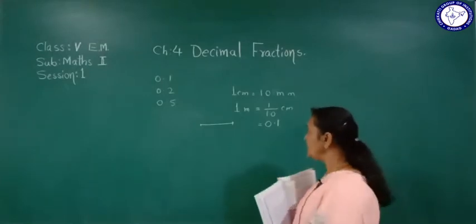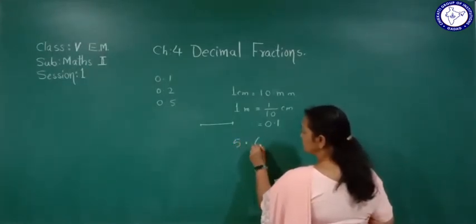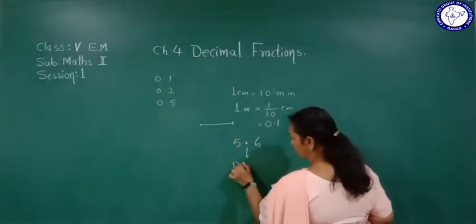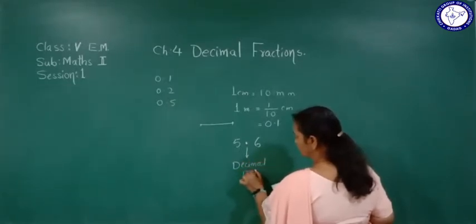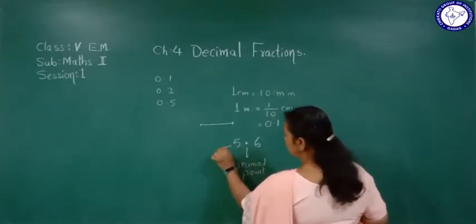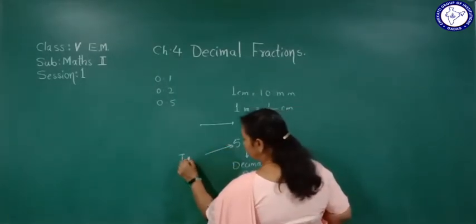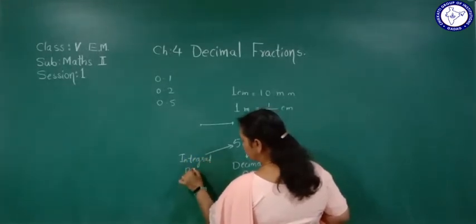Okay. Now here if this is 5.6, then this is called the decimal point. This is the decimal point. Then this part, this 5, is called the integral part.